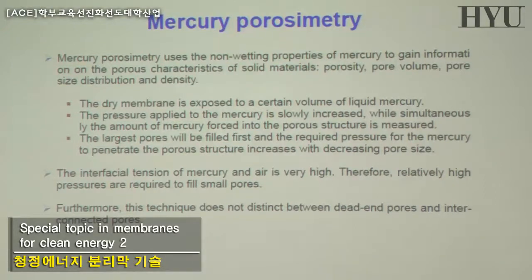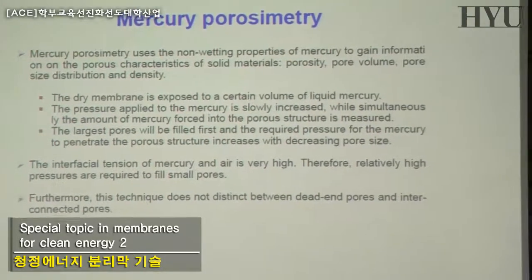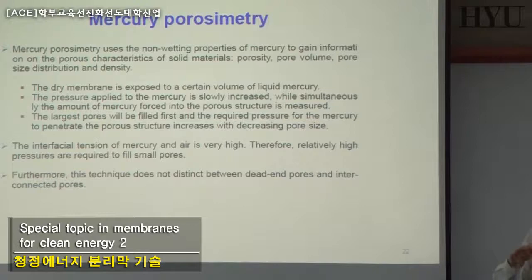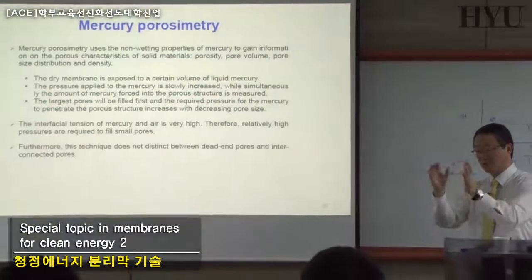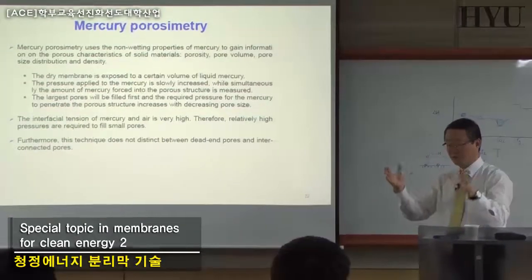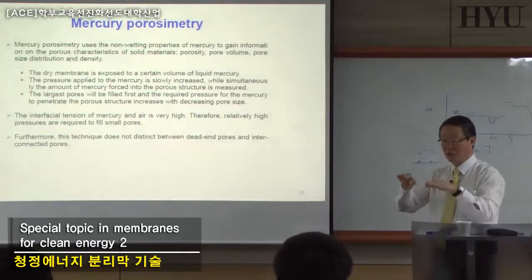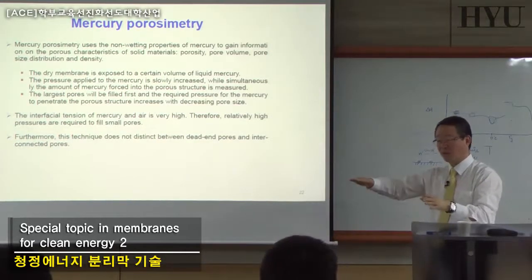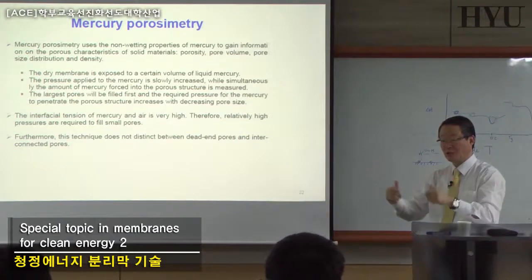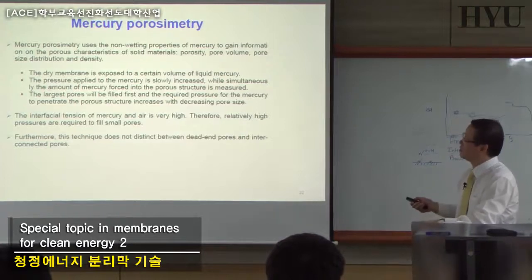Anyway, it's very shiny, like a mirror. You can make a mirror out of this mercury. But it has a high surface tension, so the surface of the mercury at the edge of the container curves like a valley. It's not just flat at the edge. Anyway, you can use this mercury as a liquid.